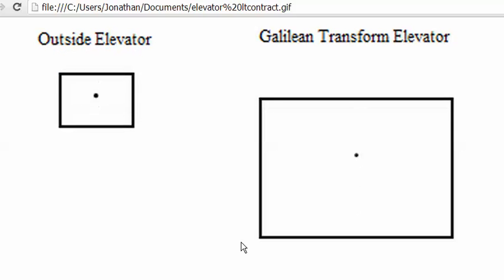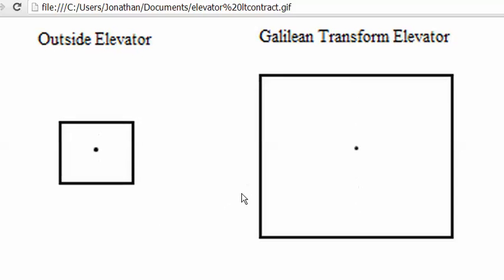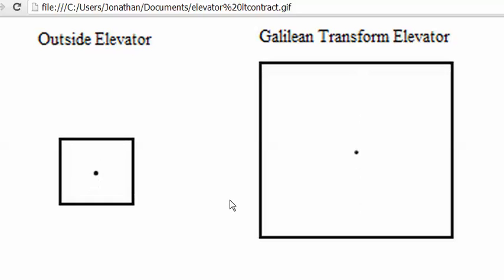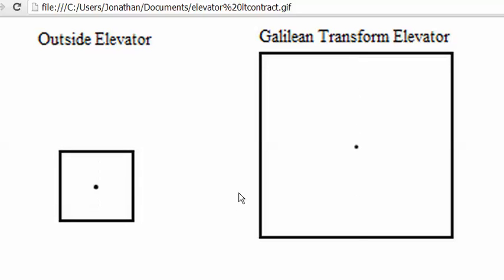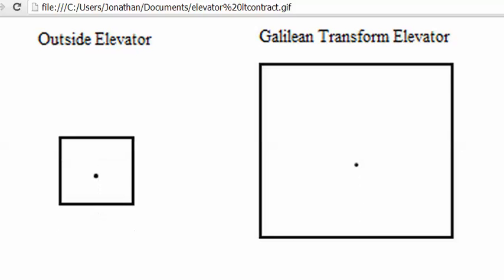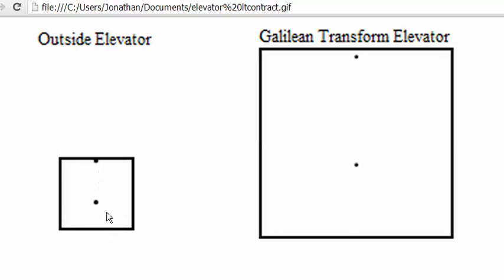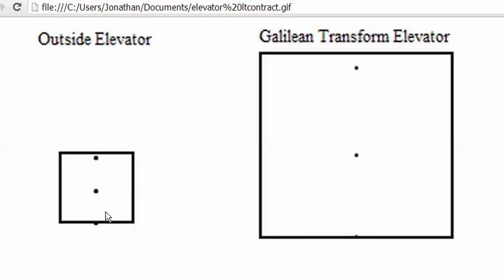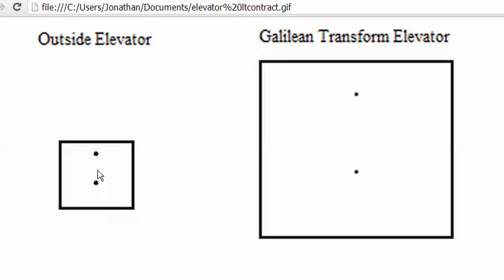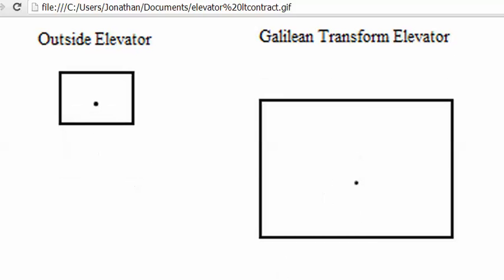And in this situation, we've got a person in an accelerating rocket, and he is not in an inertial reference frame. He is in an accelerating frame, so the measured quantities of the clocks in the elevator would register that the photon is slowing down as it goes towards the top of the elevator.